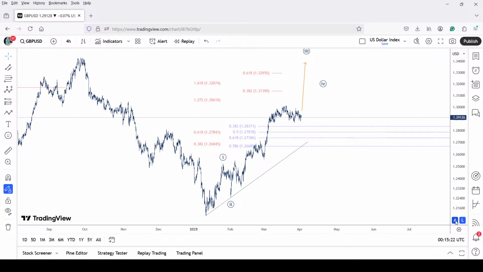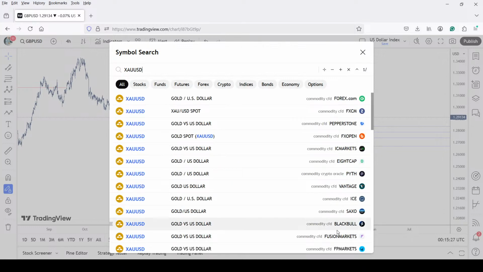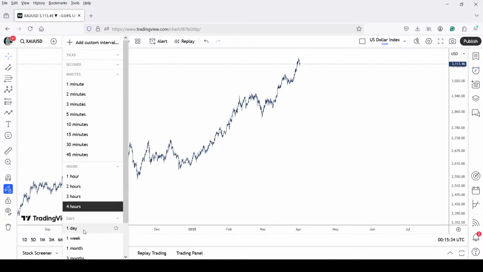Let's move on to gold. We will start with the daily chart.